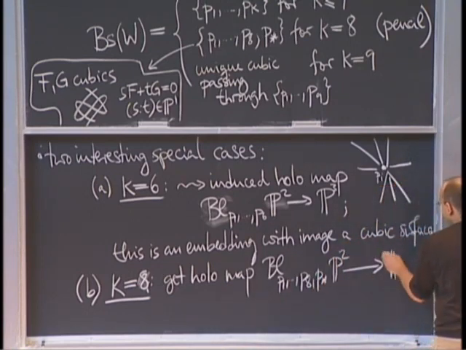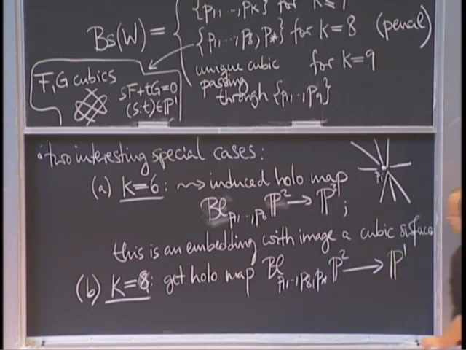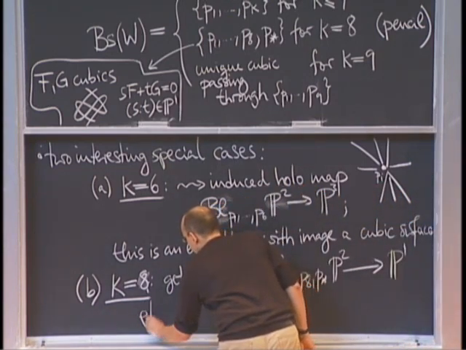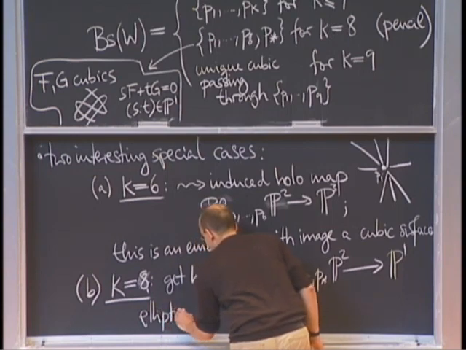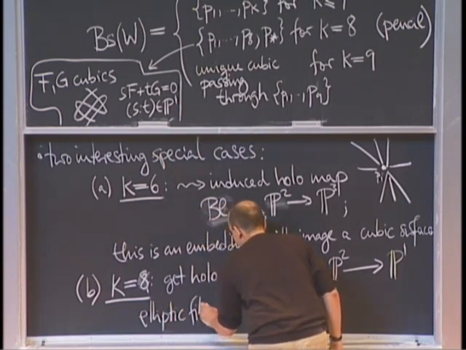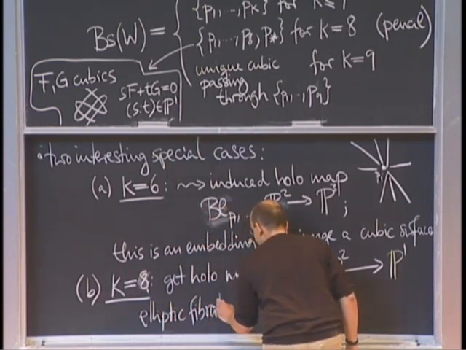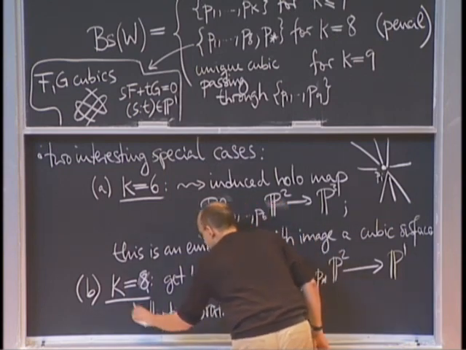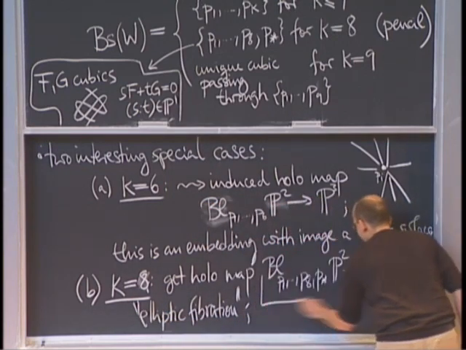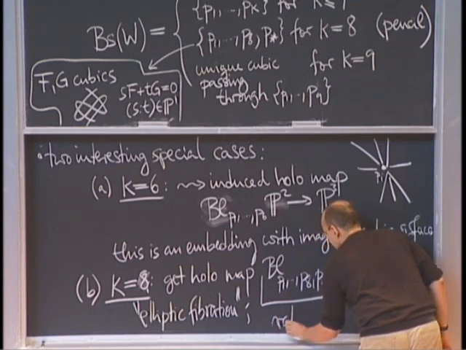We call this an elliptic fibration of a complex surface, a fibration whose general fiber is a smooth elliptic curve. And this is called a rational elliptic surface.